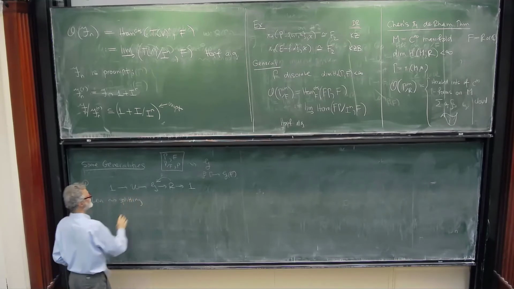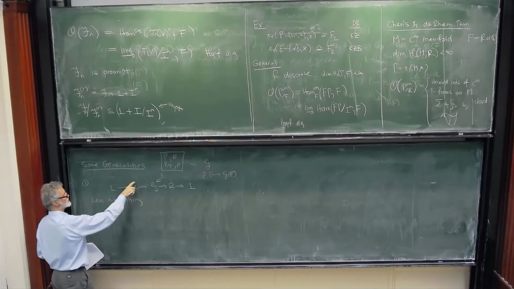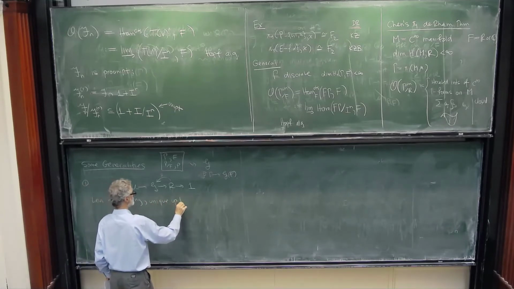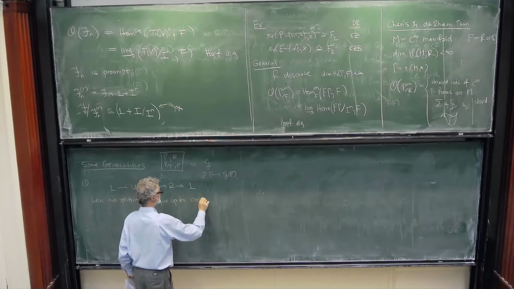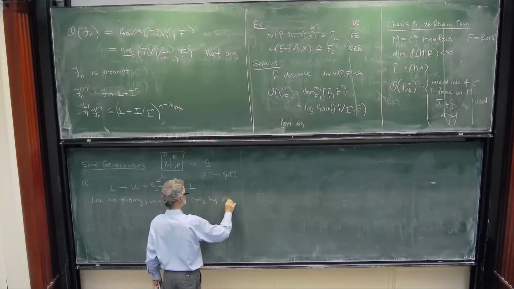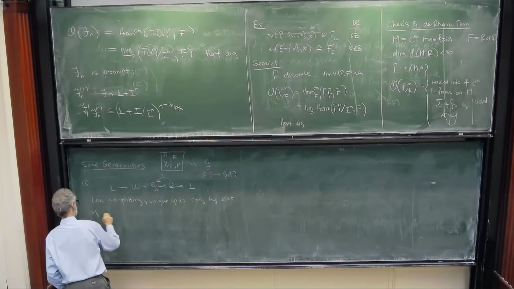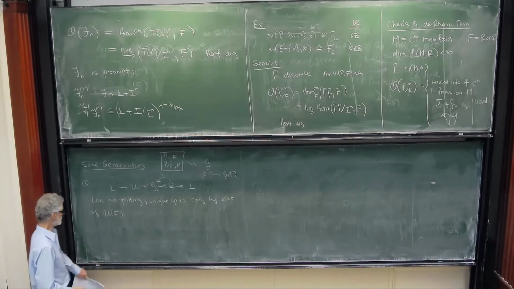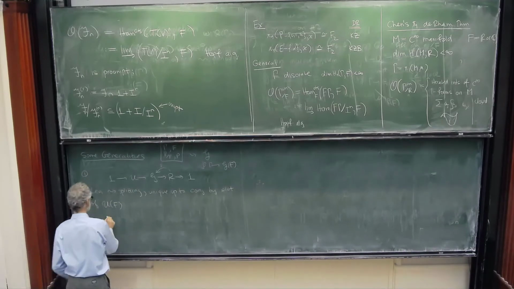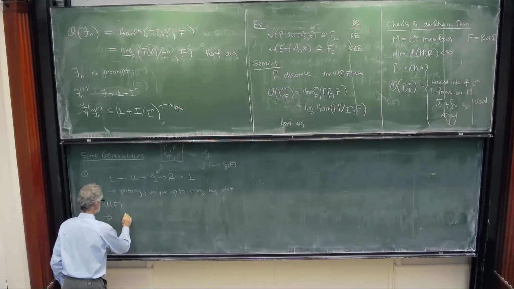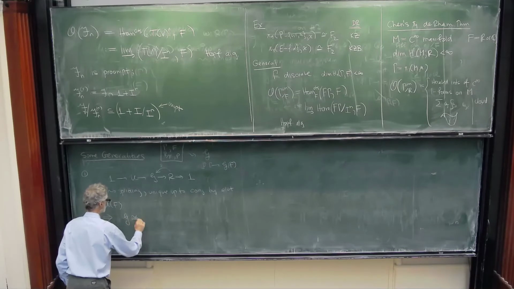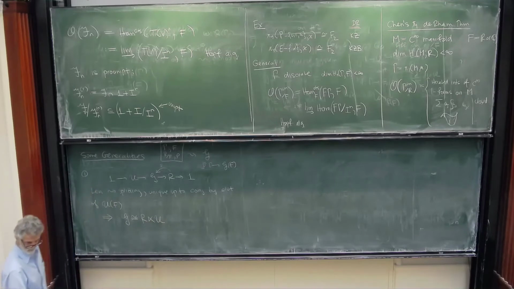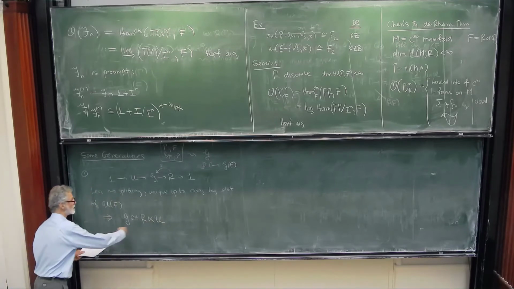The splitting is not unique, but it's unique up to conjugation by an element of U F. So this tells you that G is isomorphic to R semi-direct product U, which is not canonical.